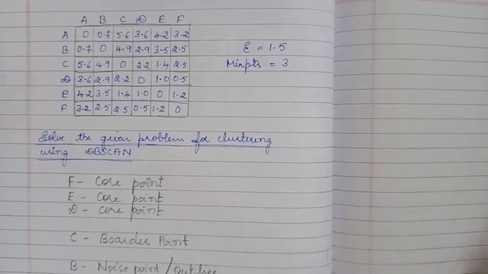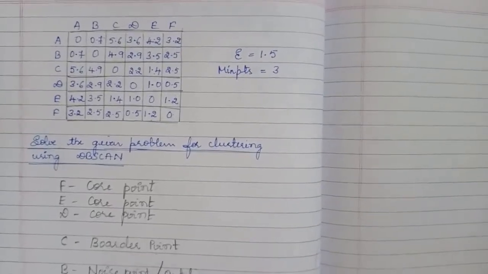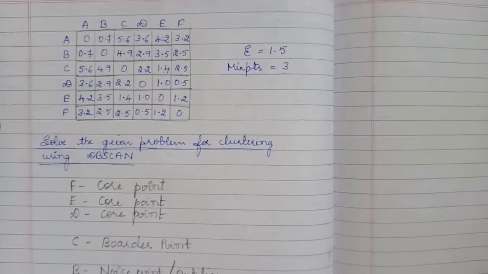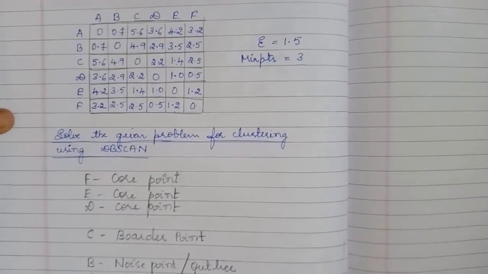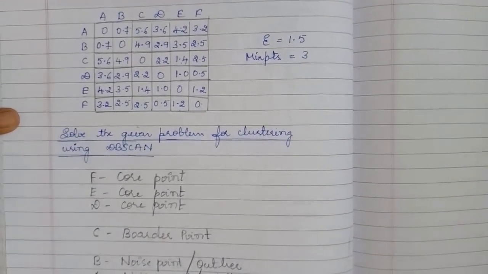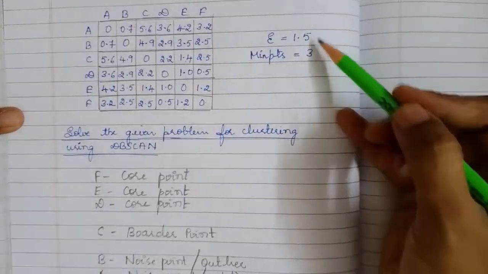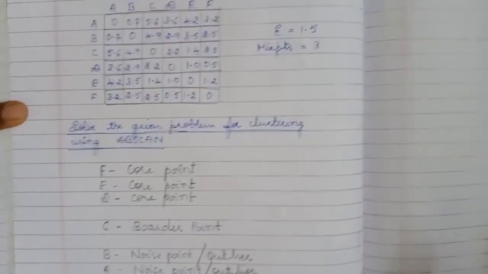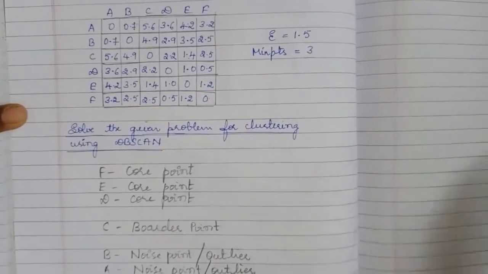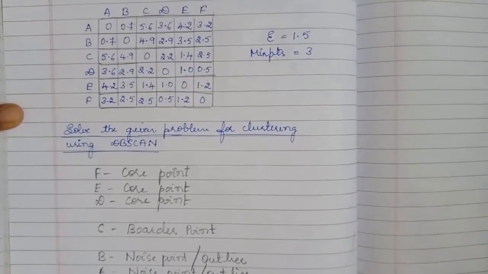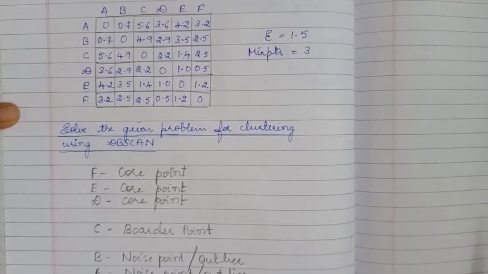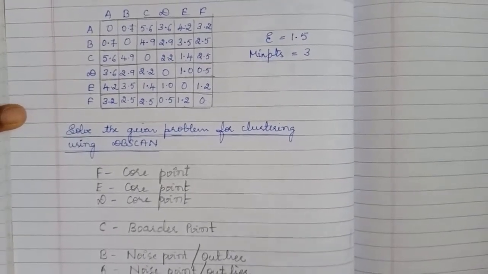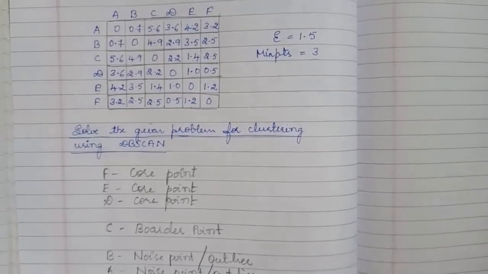If it doesn't satisfy the minimum points, but it is in the circumference of any core point, then you can call it a border point. If it satisfies both conditions, then it's a core point. If it doesn't satisfy the epsilon condition and the minimum points condition, then you can call it a noise point.